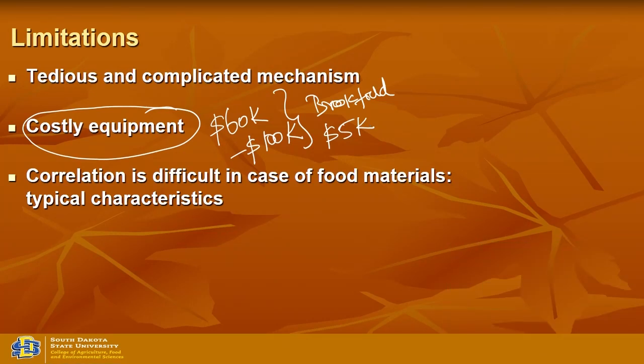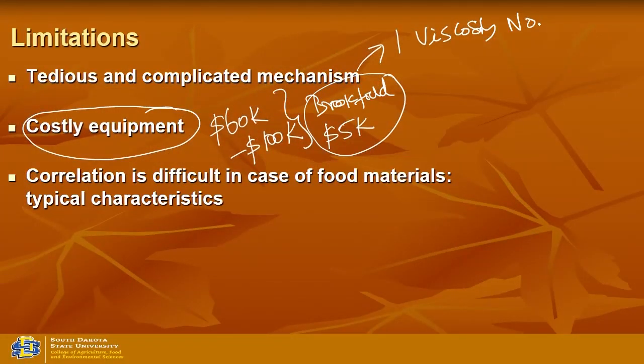But the issue here is when you are measuring viscosity of your sample, you definitely need to characterize them, whether you want to find out whether your fluid is Newtonian or non-Newtonian. This $5,000 equipment cannot give you that information. All it can give you is only one viscosity number. This cannot characterize your fluid.